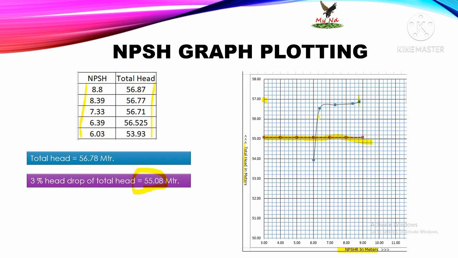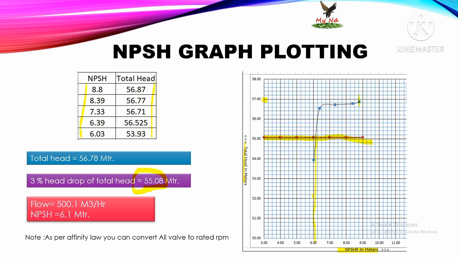Our NPSH graph cuts here, and we project vertically on the x-axis. It is 6.1 meter. So our NPSH value is 6.1 meter at 500 meter cube per hour flow. You can convert the water rating to rated RPM as per the affinity law.